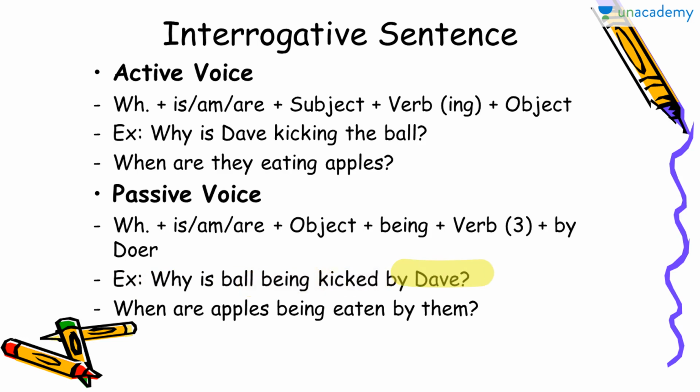By Dave. Next example is when are apples being eaten by them? So again, when remains same, and are is used here because it's apples. Apples are plural, that is why are. Then being, which is the constant word for continuous tense in passive voice. Then eaten, which is third form of verb, and by whom? By them.